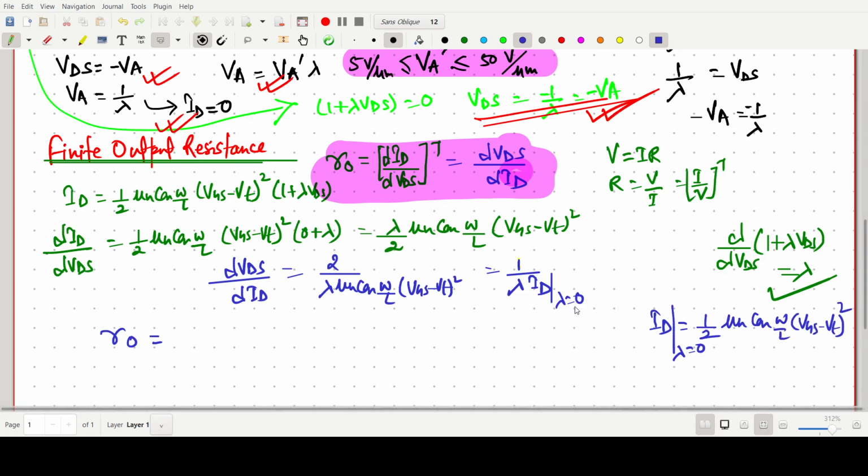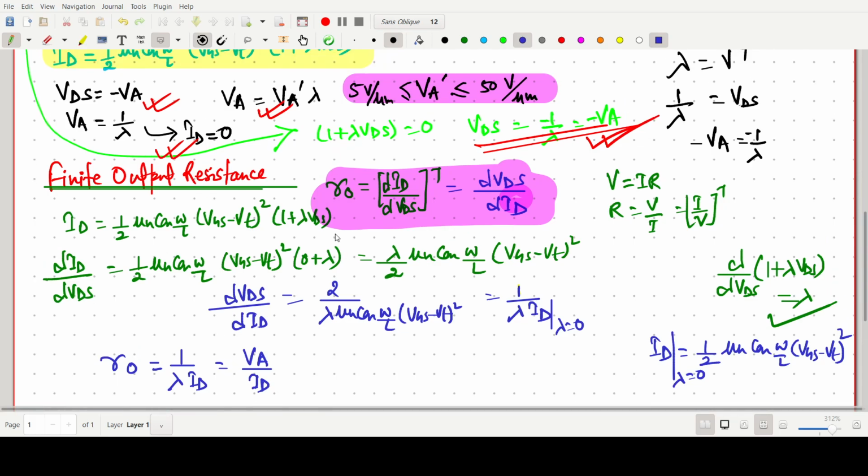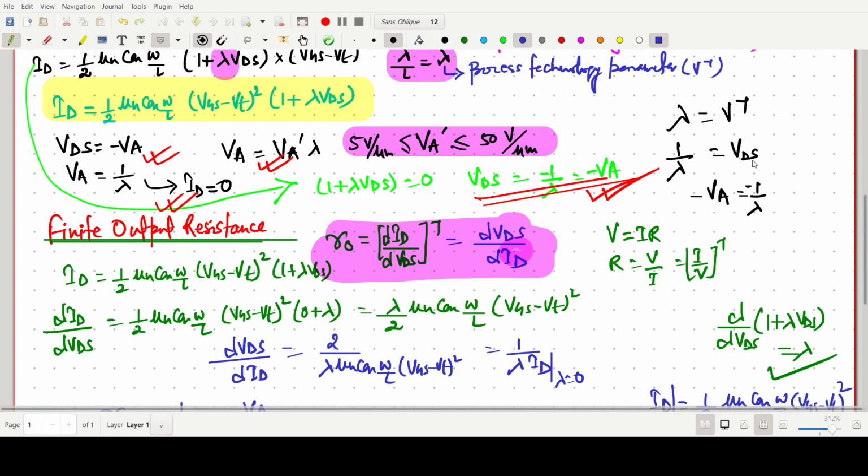So ID at lambda equals 0. So R naught is 1 by lambda ID, and 1 by lambda can be written as VA by ID, because 1 by lambda is our VA.